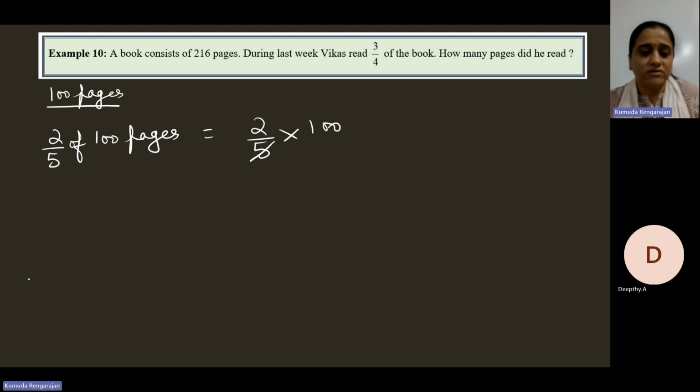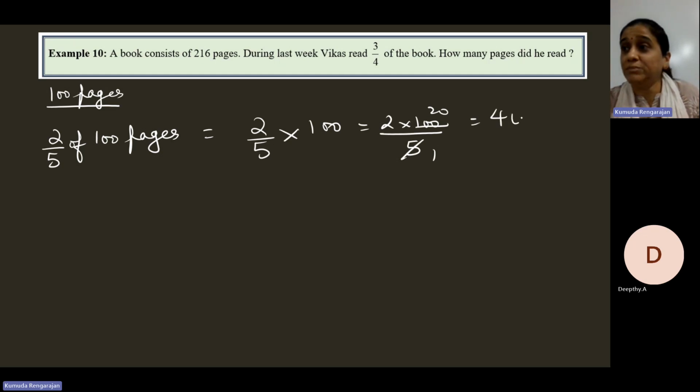So you've read 2 into 100 divided by 5. 5 ones are 5, 20 times. So you have read 40 pages. So how much is still to read? 100 minus 40, 60 pages.